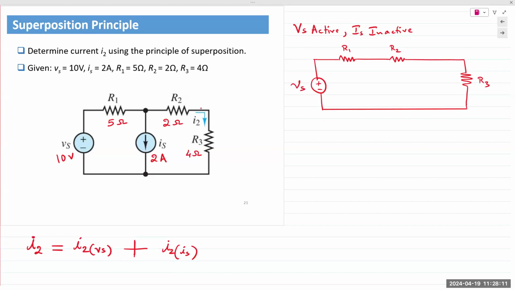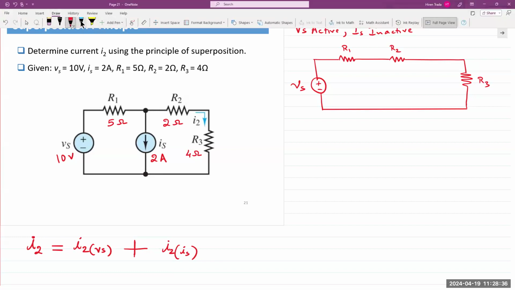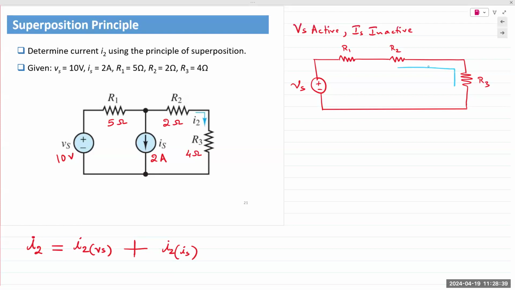Now, Is inactive, meaning we have to remove Is and replace it with an open circuit. Effectively, we simply remove a current source. You don't even have to draw it out. No need to draw out the wires. You don't need to draw that branch, because once it's open, it's open. There's nothing else connected there, right? So we don't need to draw anything else. Simply open, and I have current I2 due to Vs flowing in that right branch.